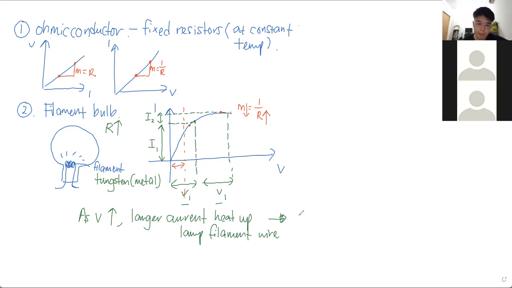So metal at higher temperature has higher R. You need to be able to explain this, the collision of particles and all that.